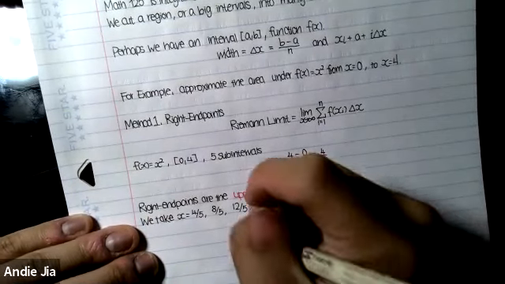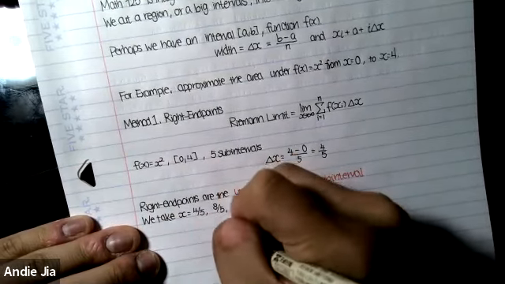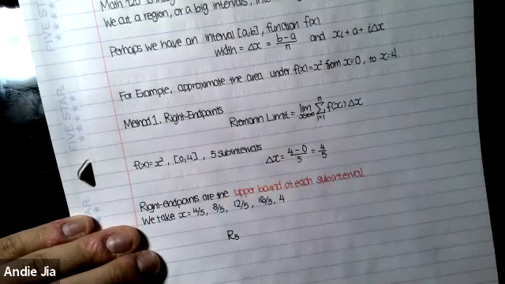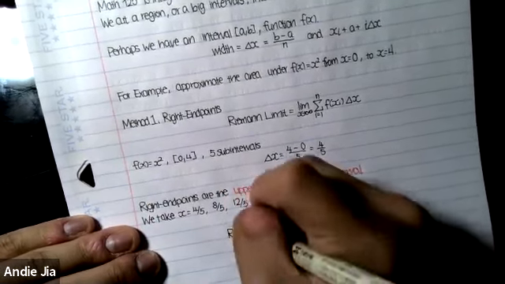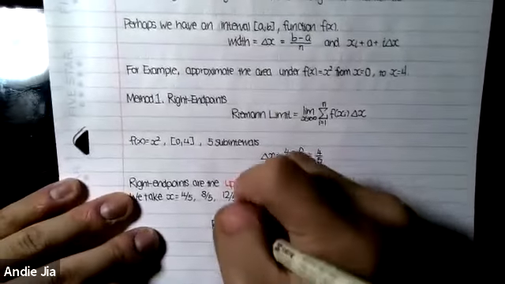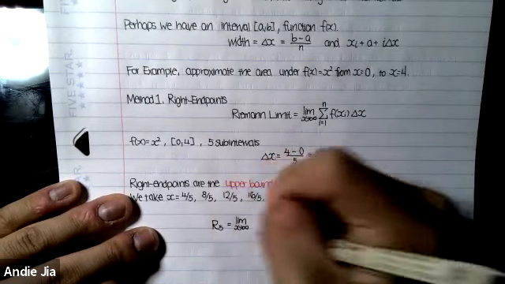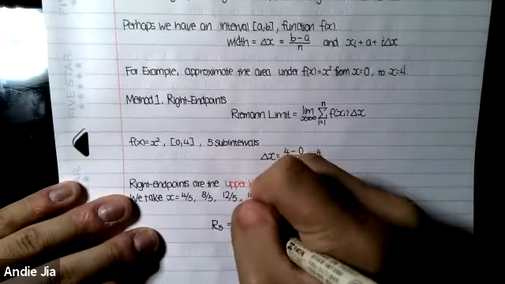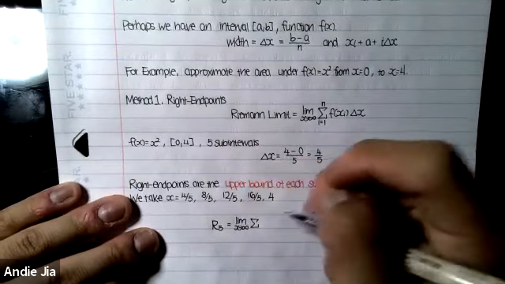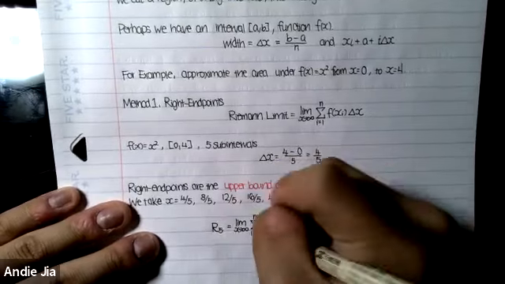We write the notation as R5, which is equal to the limit as n approaches infinity of a sigma notation here.